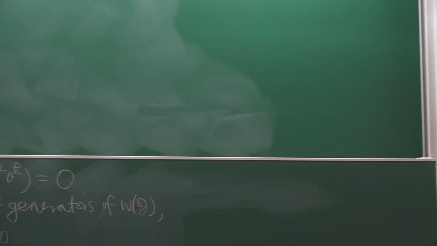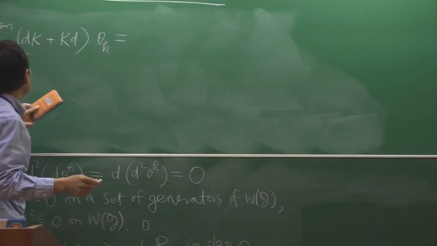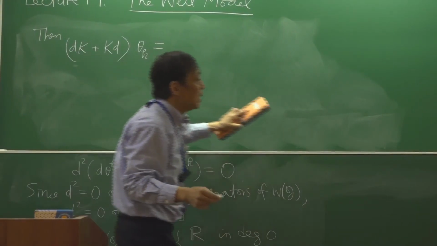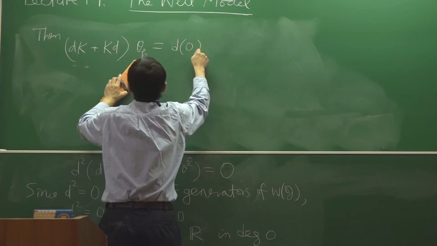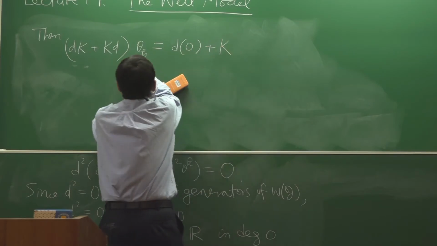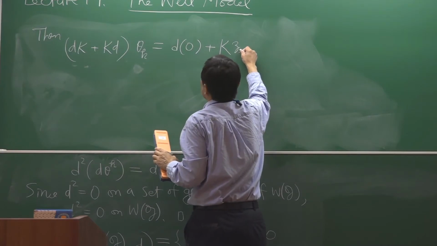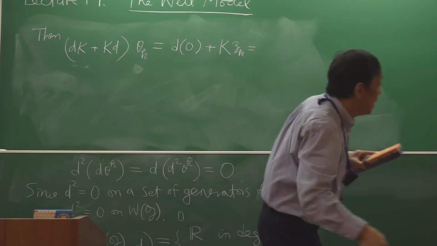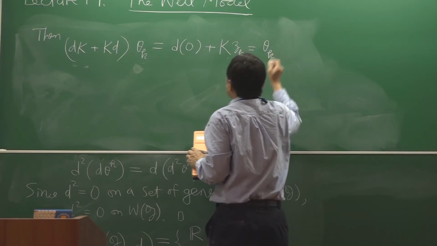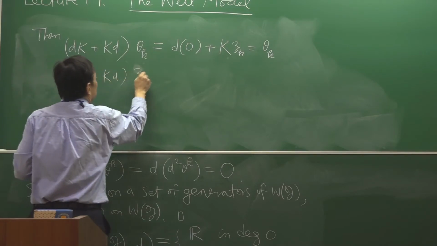Then dk plus kd of theta k is, okay, k of theta k is 0, so d of 0 plus k of d theta k is zk. And k zk gives me back theta k. Okay?